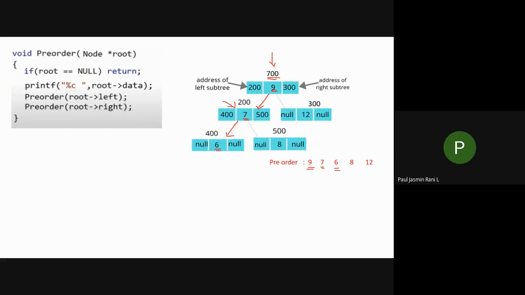After this, I don't have any node, so I stop the iteration and go back to this place. After the left is over, I have to travel along the right side. In your right side, what is your node? 8 is the node. Only that node I have.